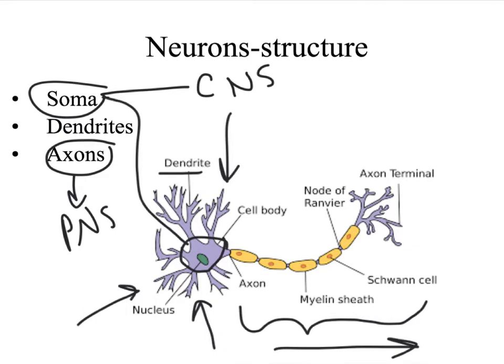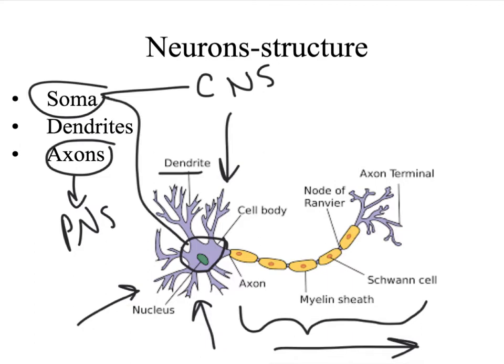But when somebody says, oh, I cut a nerve in my arm, actually what they did was they cut an axon. And sometimes these will actually repair themselves pretty decently. If you actually have a spinal injury or a brain injury, then you may have destroyed the soma, and those won't come back.